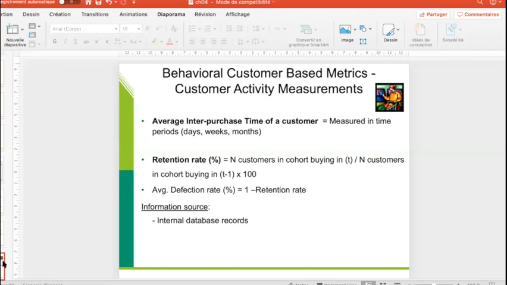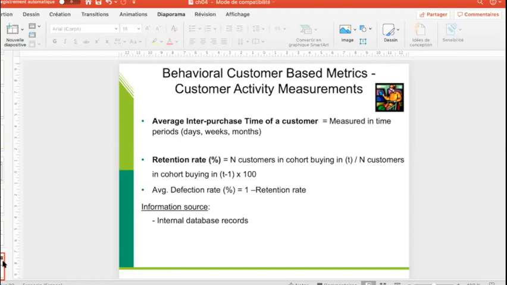On the other hand, you can then calculate the defection rate, which is the opposite: 100 minus the retention rate. In my example, if you have a retention rate of 90%, 100 minus 90, you have a defection rate of 10%. This means that 10% of your customers churn. The defection rate can also be called churn rate, C-H-U-R-N.